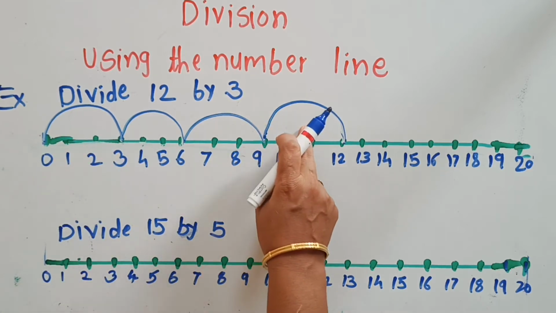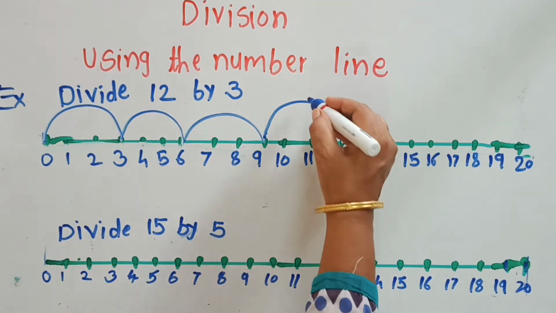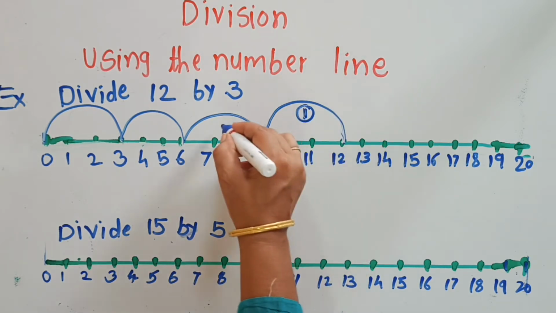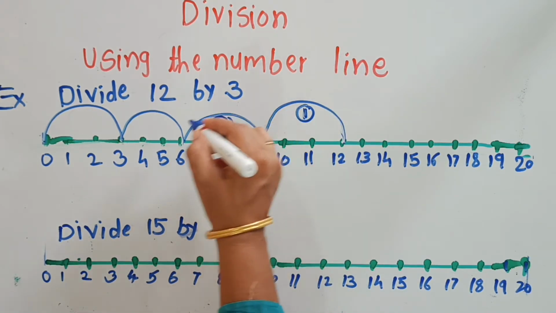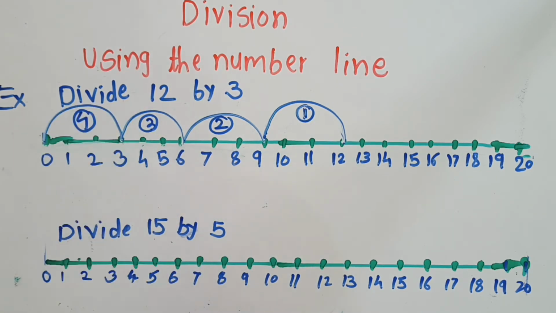Now we have to count the number of jumps. See here, we reach here 1, then 2, then 3 and then 4.